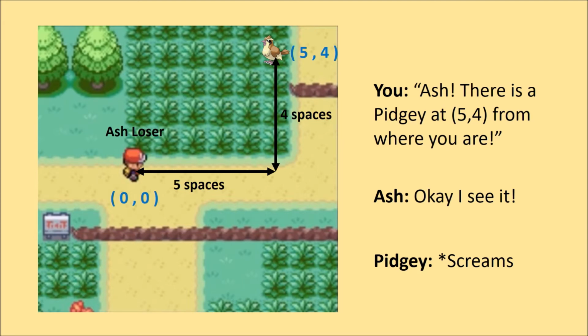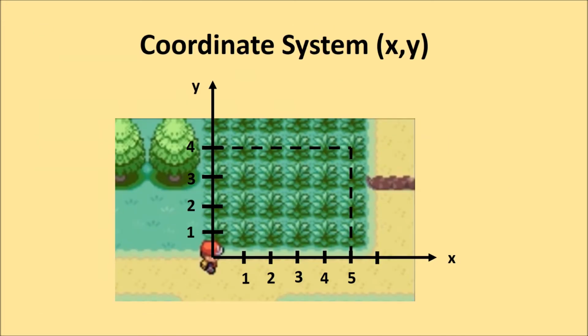The location is represented by two numbers, and this is called the coordinates of a particular point with respect to a position 0, 0. So in this case, the coordinate of PG is 5, 4 with respect to where Ash Loser is, which is 0, 0.